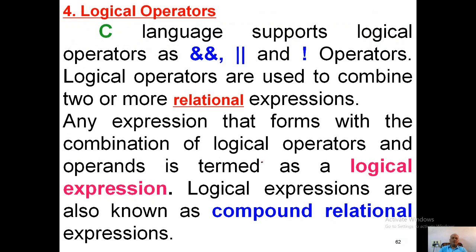Next one is logical operators. In C language, we have different logical operators: and, or, not. These are used to combine two or more relational expressions.